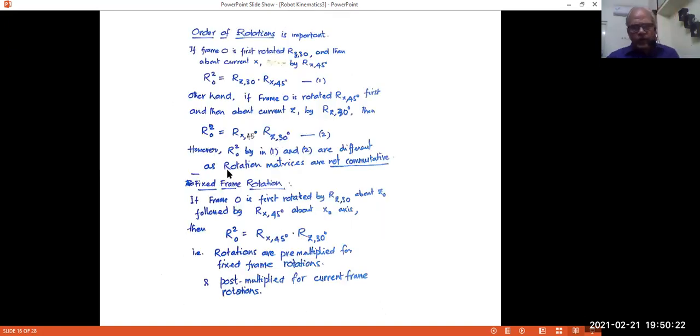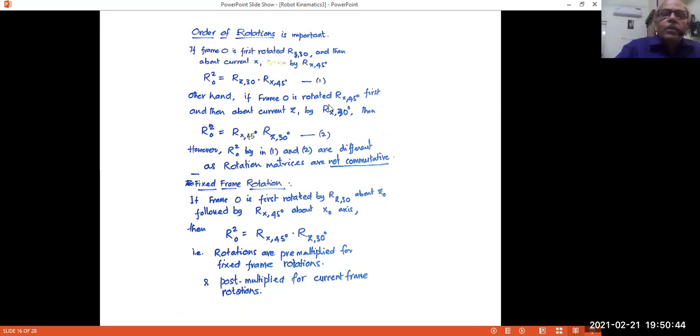Now we look at the importance of the order of rotations. Suppose a frame 0 is first rotated by 30 degrees about z and then about the current x-axis. After rotation, whatever frame you get, that x-axis we call the current axis.